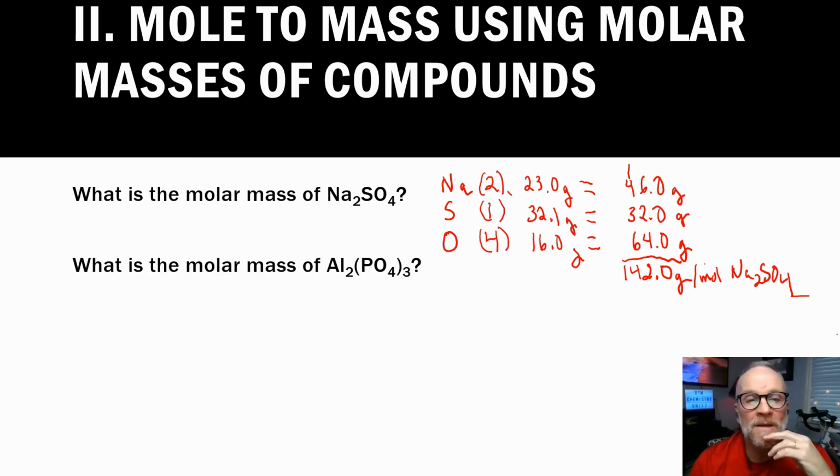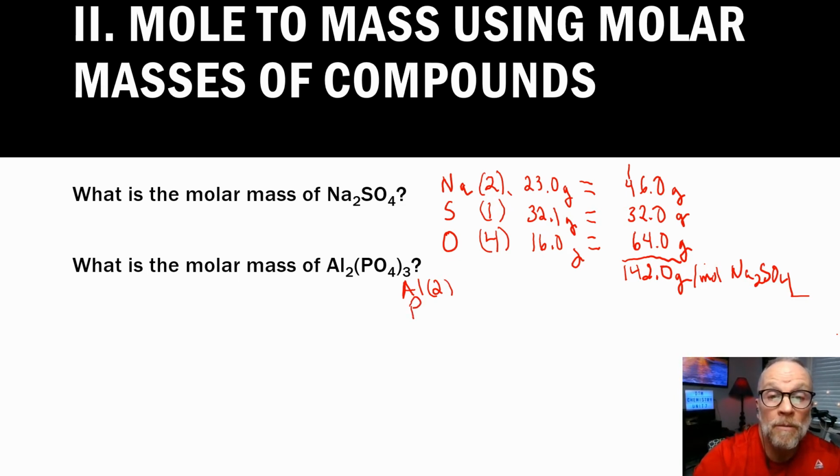So what is the molar mass of aluminum phosphate? Okay, I think I did this one because calculating the number of moles is maybe just a little bit tricky. Let's see here. We'll do it right here. We've got 2 moles of aluminum. Phosphorus, it's 3 times 1 would be 3.